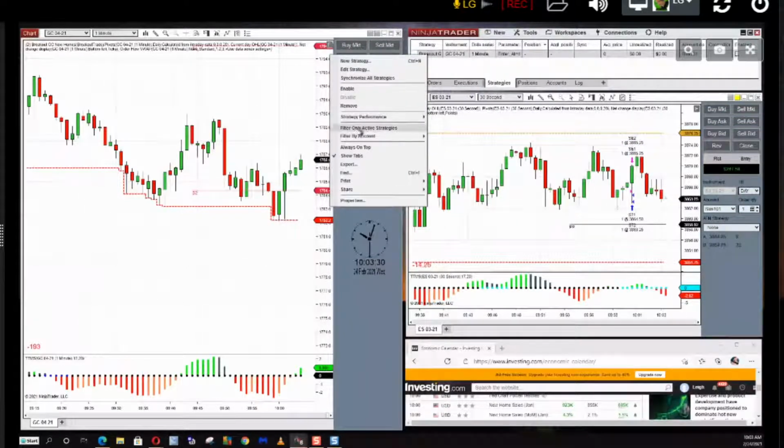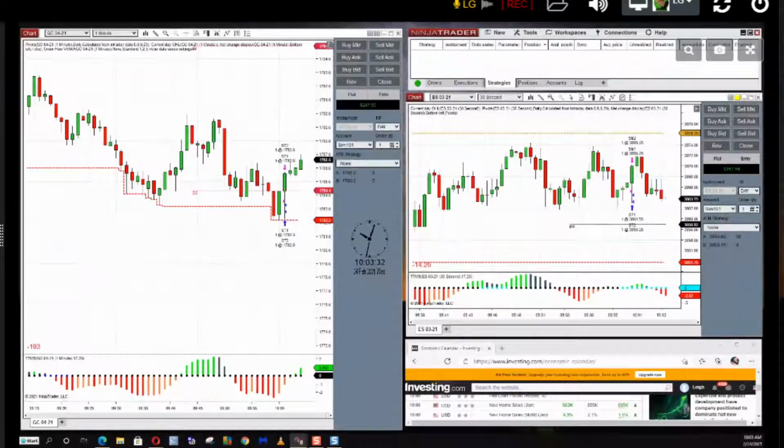All right, let's take a quick look at the new homes trade. Testing gives you some good info. Let me show you the trade real quick.